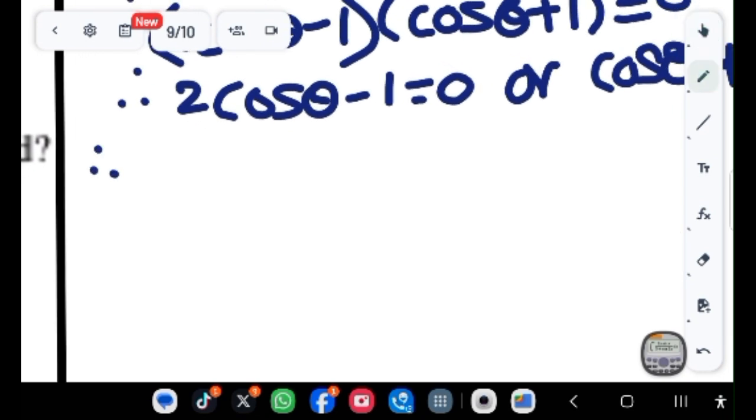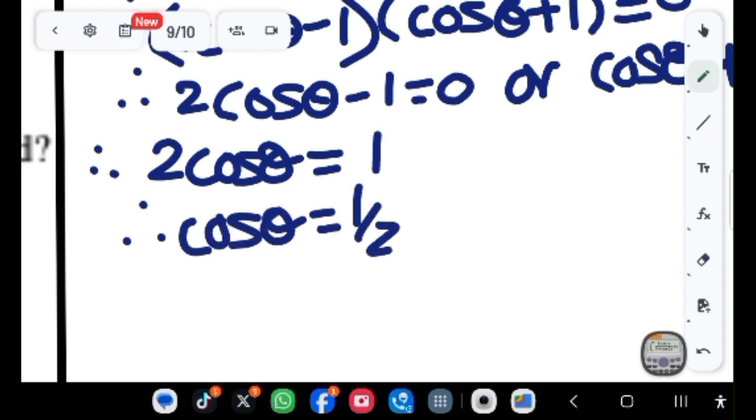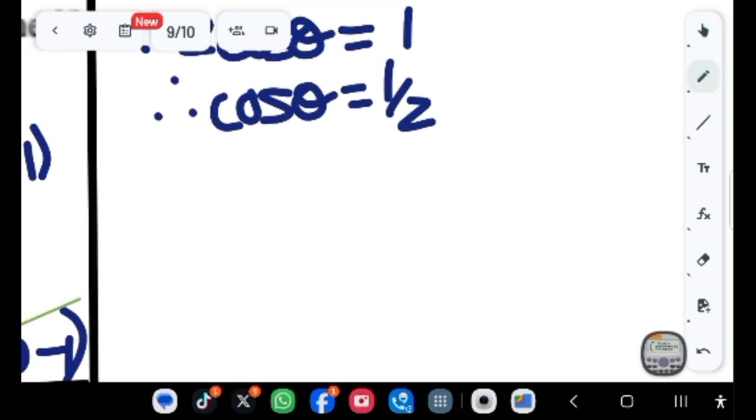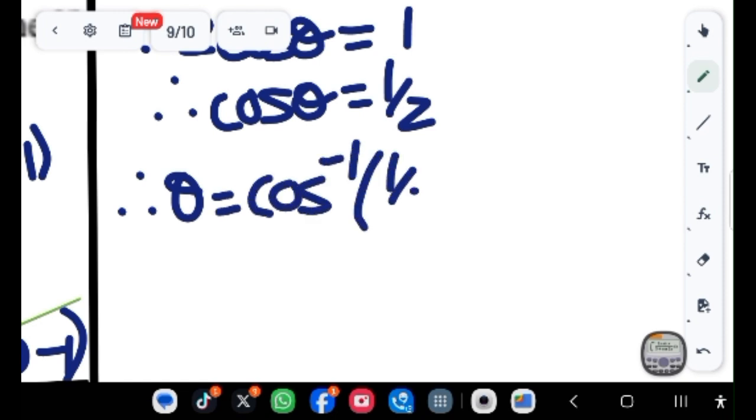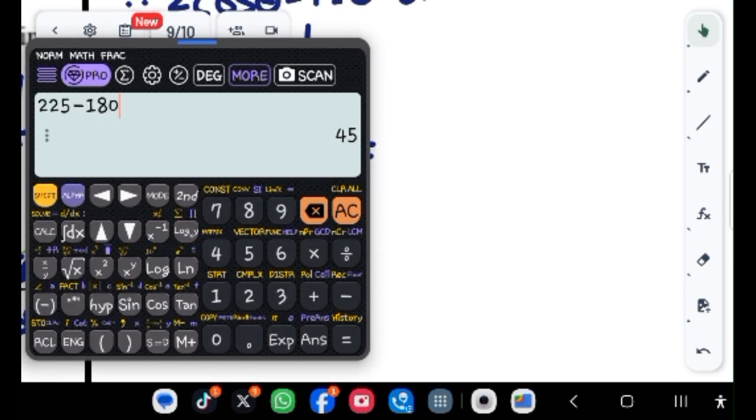Therefore, 2 cos of theta equals positive 1, which leaves us with cos of theta equals a half. To find the angle, theta equals cos to the minus 1 of 1 over 2. Take out the calculator: shift cos, 1 over 2, equals.